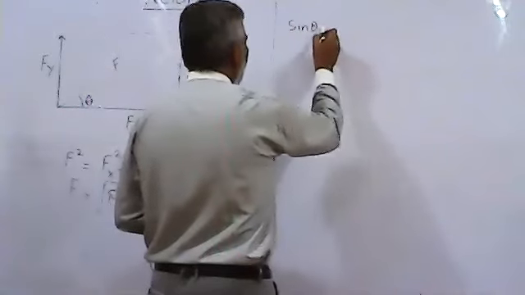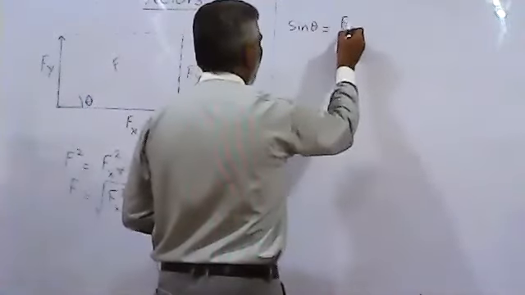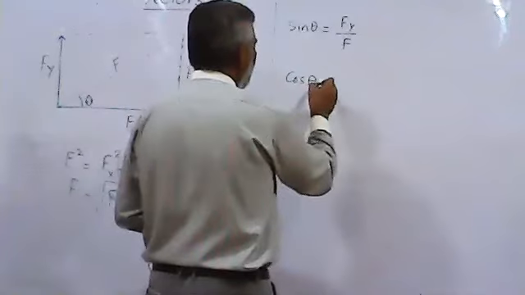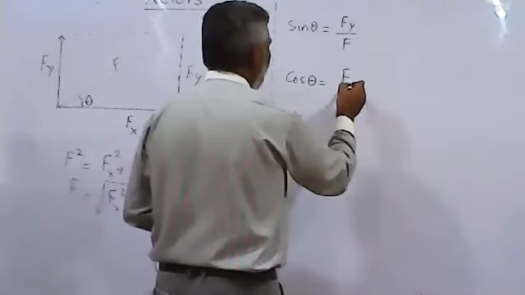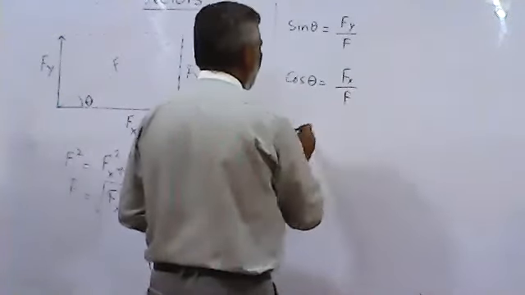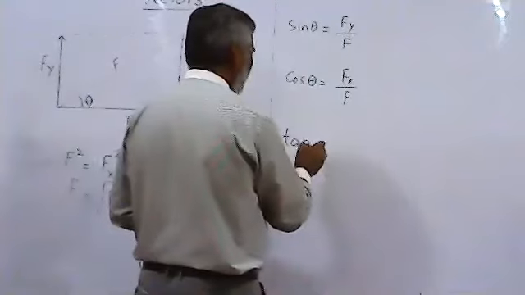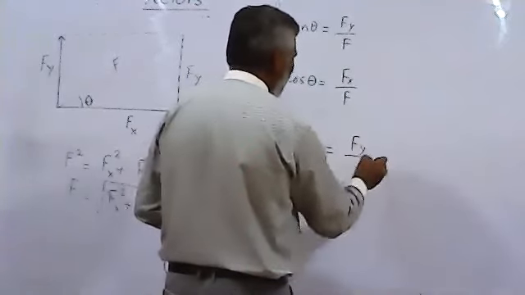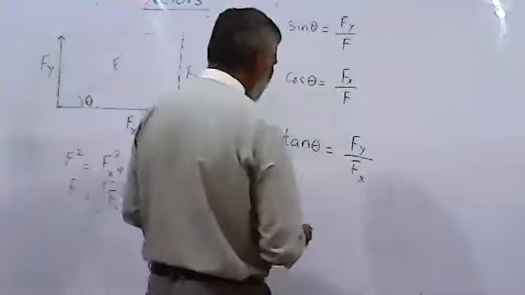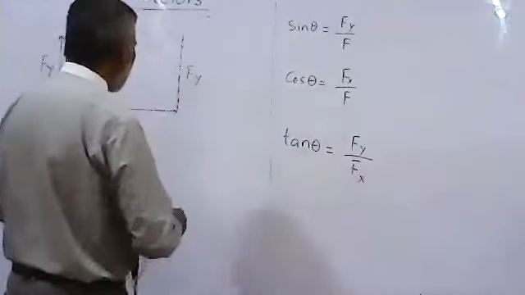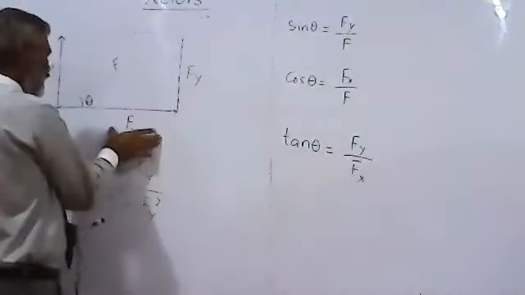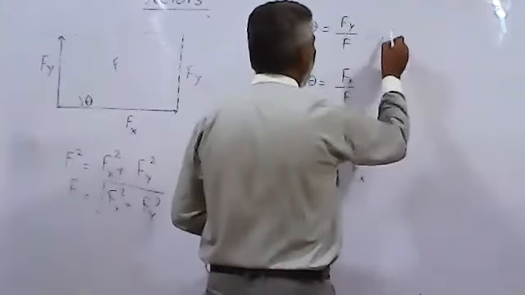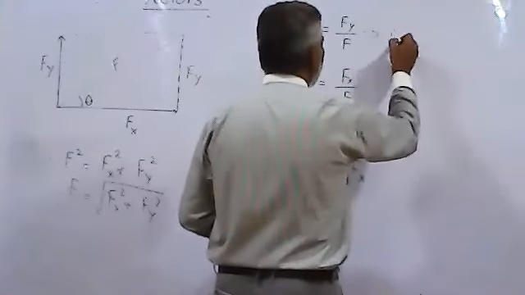Sin theta is Fy over F. Cos theta is Fx over F. And tan theta is Fy over Fx, which means perpendicular over base. This over this is tan theta. So theta can be found using any one of these relationships.